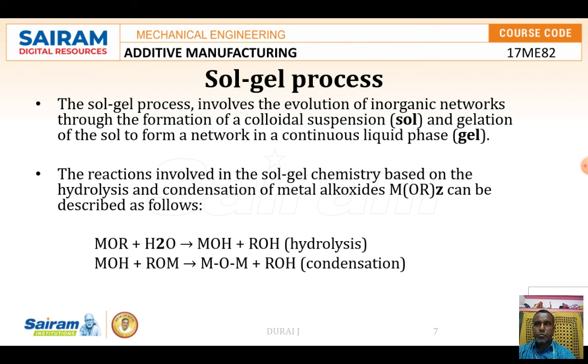So the sol-gel process refers to the hydrolysis and condensation of alkoxide based precursors such as tetraorthosilicates, TEOS. So the reactions involved in Sol-Gel chemistry are based on the hydrolysis and condensation of the metal alkoxide M(OR)z, which can be described as follows.